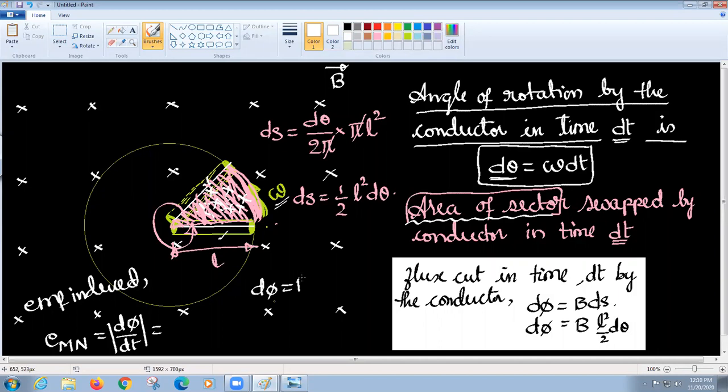So d phi is equal to B l square by 2 d theta. But what is d theta? Already we have d theta equal to omega dt.